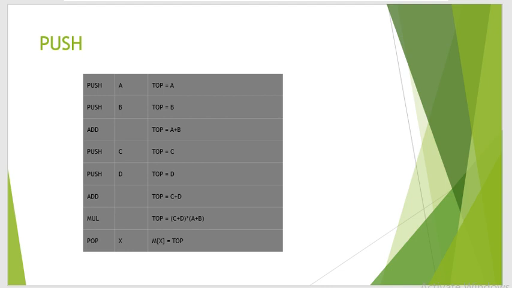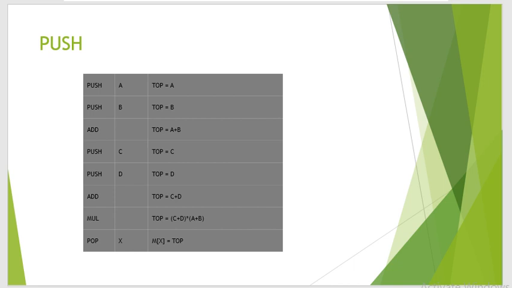Then the push operation. Instead of only push and pop operations, we are going to calculate this using the zero address instruction field. The first one is push a. Push a is used to add the new operand value into the stack.